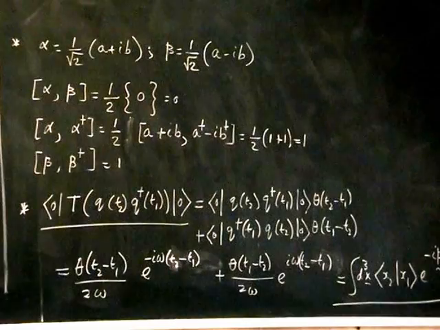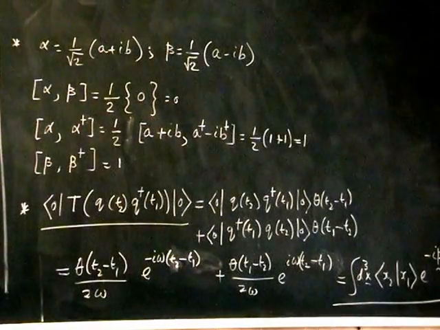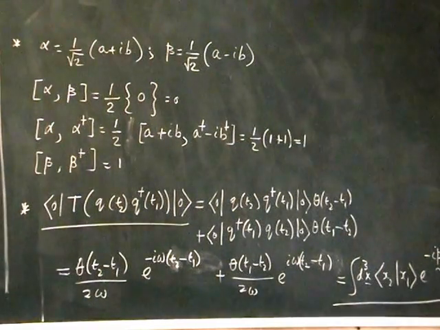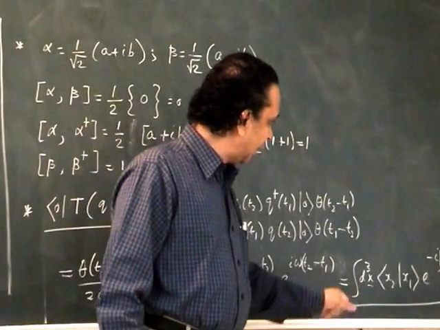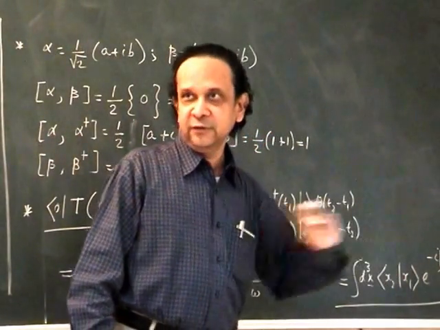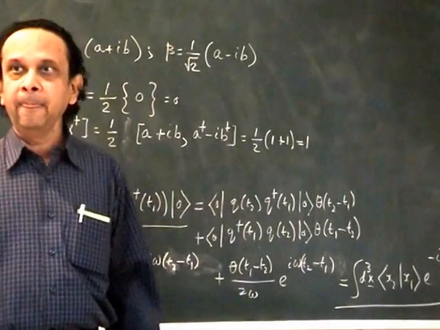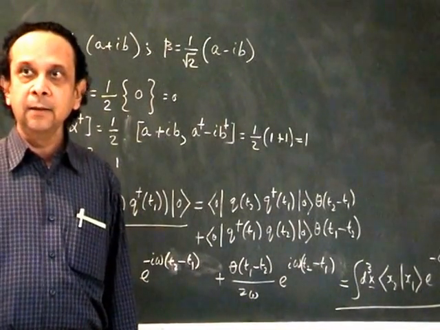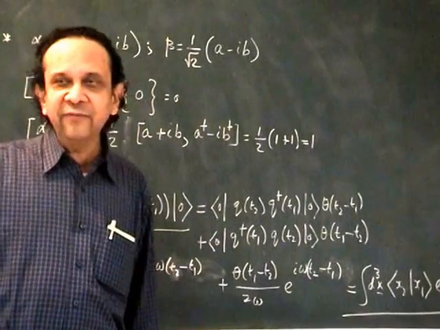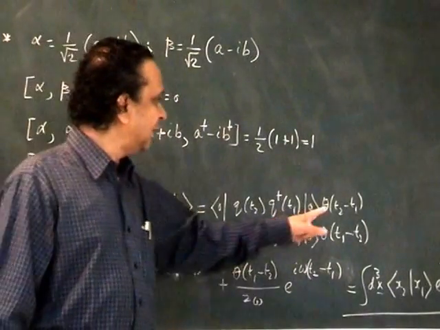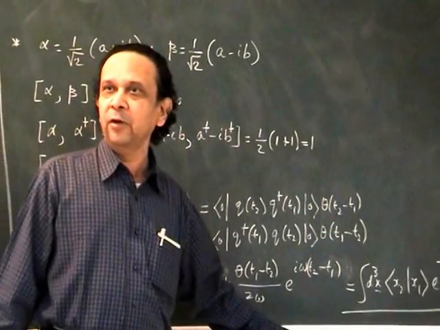That might have something to do with the fundamentals of putting relativity and quantum mechanics together. But let us proceed in a rather mundane way by making use of this. Till now we hadn't time ordered any of our expressions. Well, actually we have, because we had these theta functions hanging around even in the propagator.